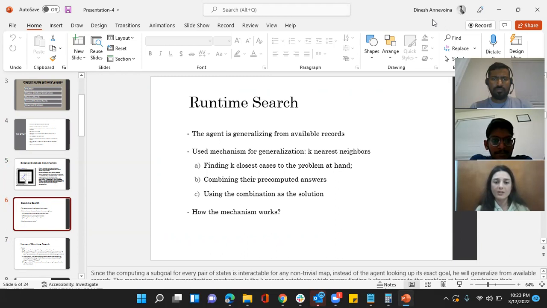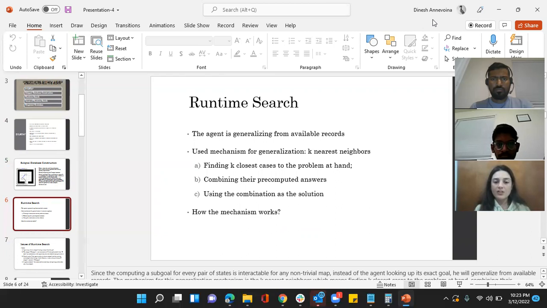The mechanism works in the way that first we set k to be 1. Then whenever the agent is in state S start and is going to S goal, it scans the subgoal database and finds the most similar record. In other words, we can define it as the sum of the heuristic distance between S start and S prime start, and between S goal and S prime goal.